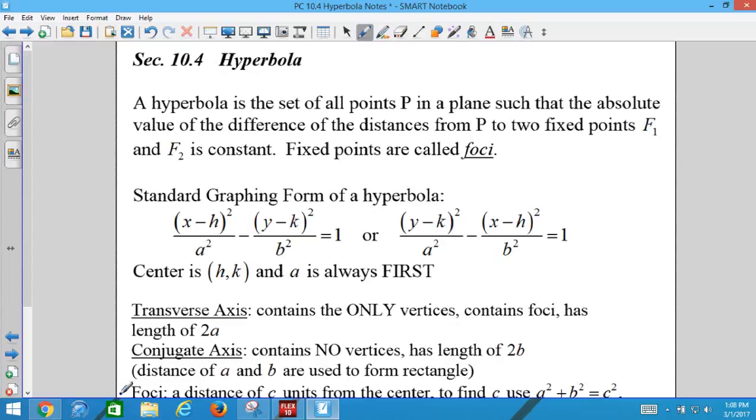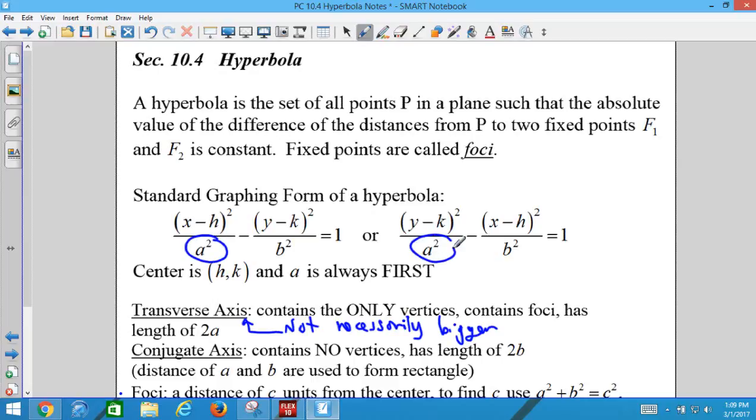However, it's not major and minor, because the transverse is not always the bigger one. It's not always the bigger axis. It is whatever comes first.